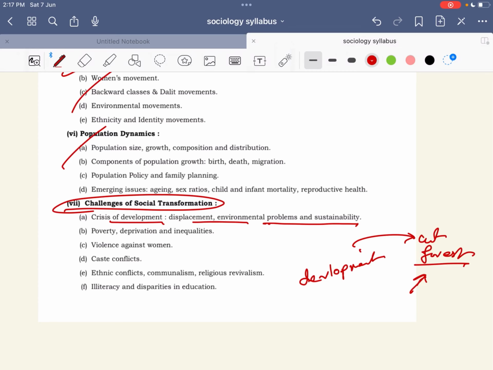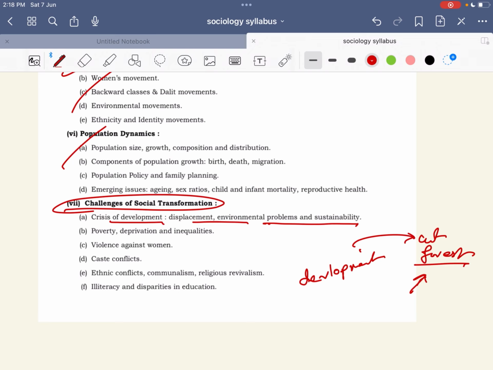You have to cope with social pressure from the social activists living there. So how will you manage that, and also fulfill the work of the government? That is included in your syllabus: crisis of development, displacement, environmental problem, and sustainability. Understand? We have to develop, but with minimum damage to the environment.